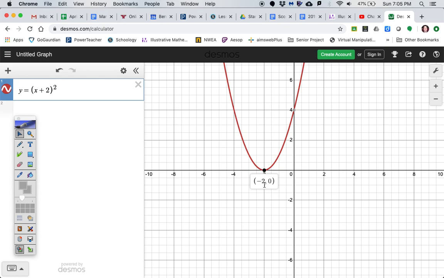Notice in this case it only has one x-intercept or one solution because the vertex is sitting right on it. And then here is your y-intercept. So sometimes it'll sit right on it, in which case you have one x-intercept. That's where the vertex is also. Sometimes it goes below, in which case you'll have two x-intercepts. And sometimes it doesn't cross at all, in which case you have no x-intercepts.